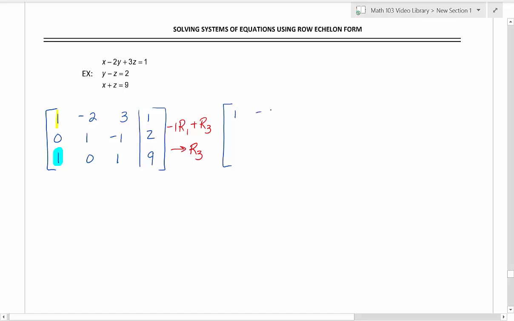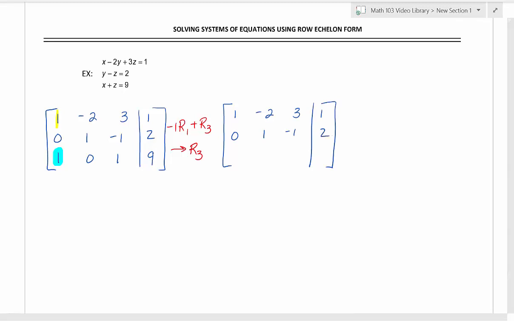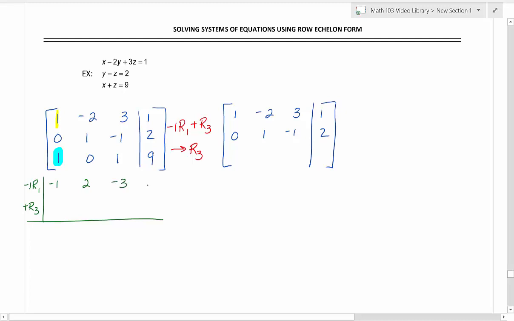I'll rewrite my equations that I'm not changing, my rows. And we'll do a little side work to figure out what our new row 3 is. I'm going to take -1 times row 1 and add it to row 3, and that'll be our new row 3. -1 times row 1, -1, +2, -3, -1, and we'll add it to our row 3 as is.